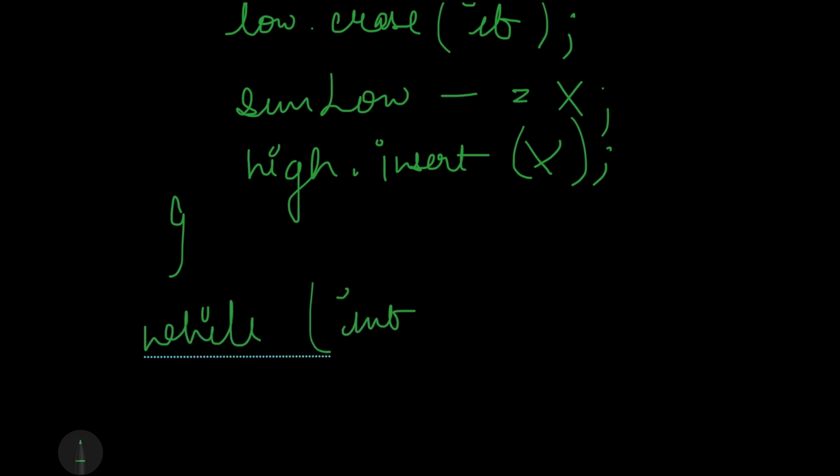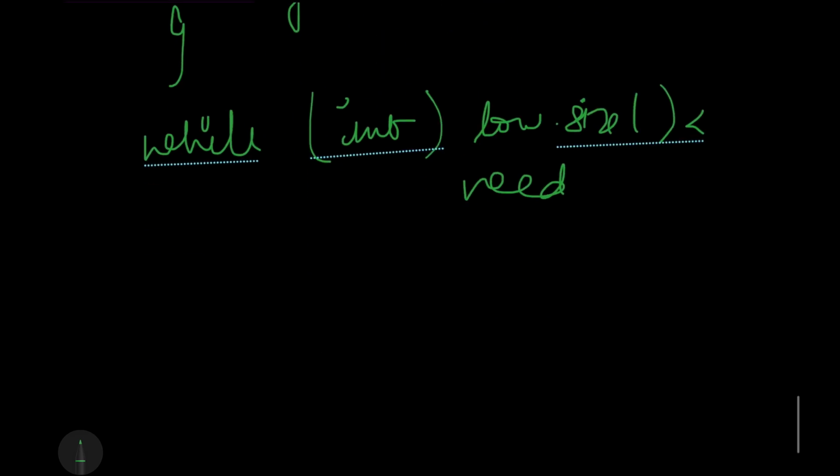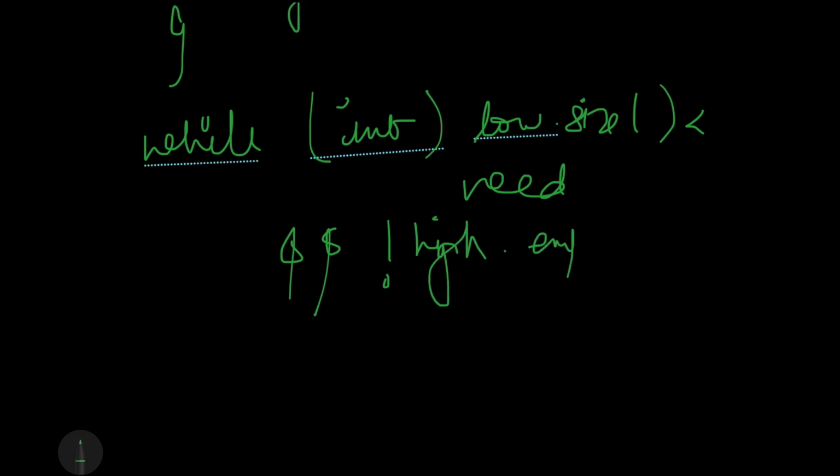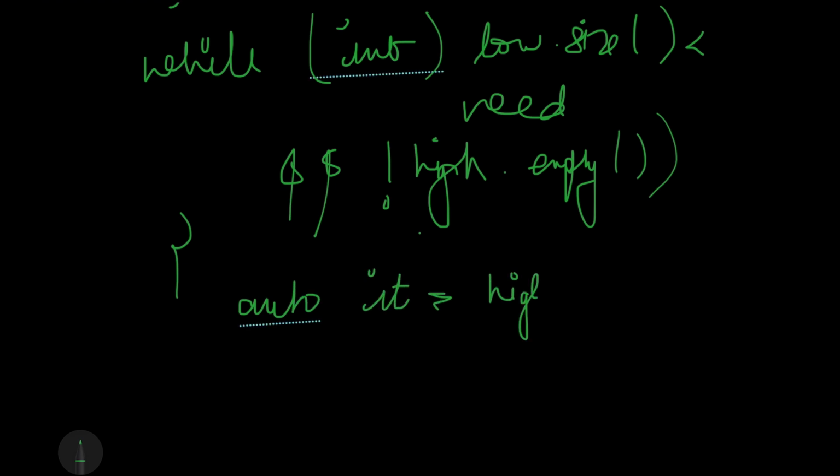Then we'll check if low.size is less than need and our high is not empty. That is, low has very few elements, so we'll move the elements from high to low.